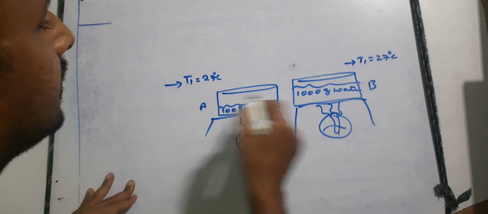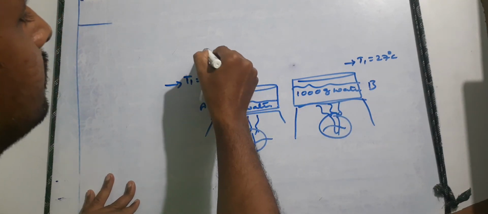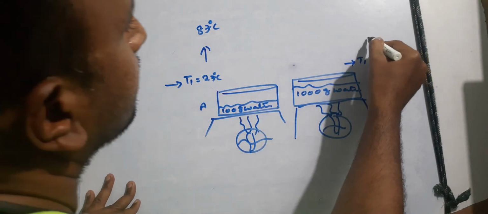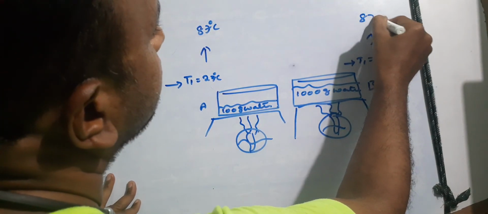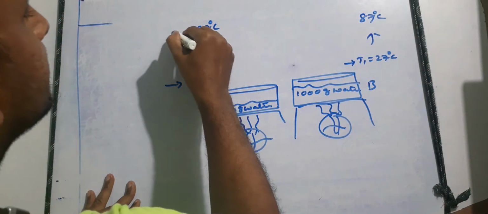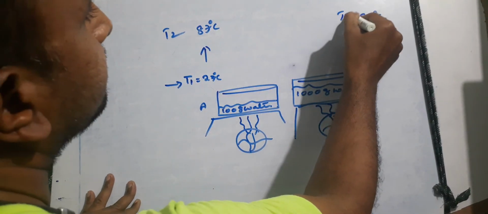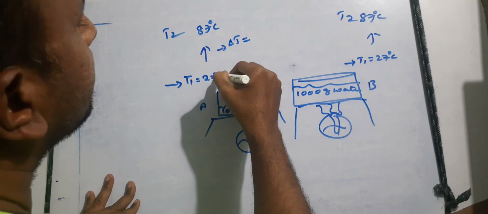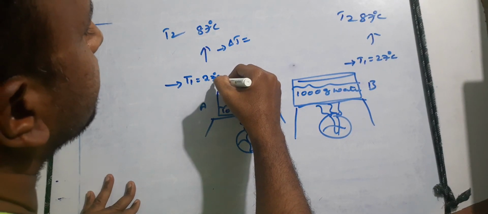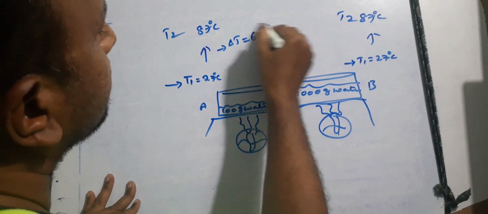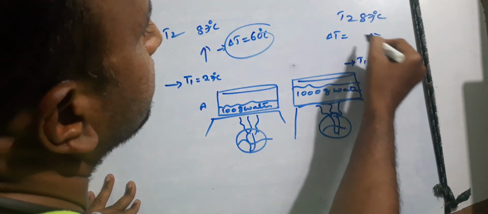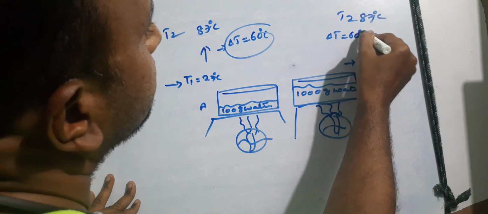Before heating, we want to raise the temperature to 87 degrees Celsius. That is the final temperature. Now the change in temperature, delta T, is 87 minus 27, that is 60 degrees Celsius.